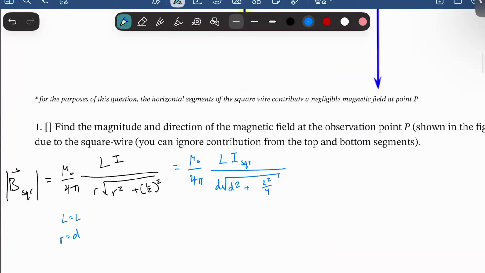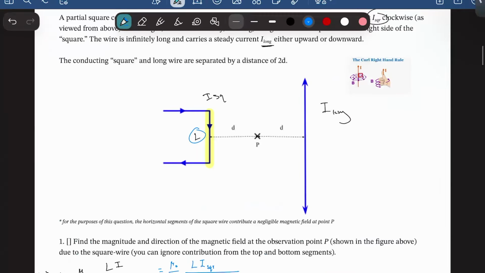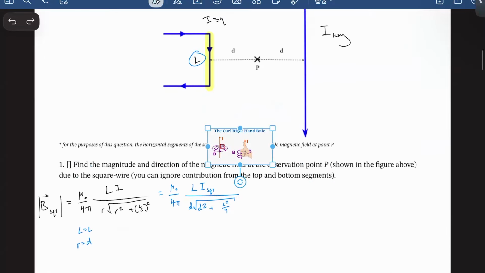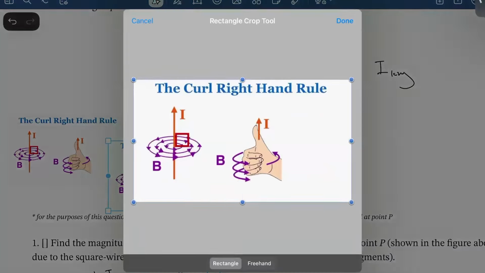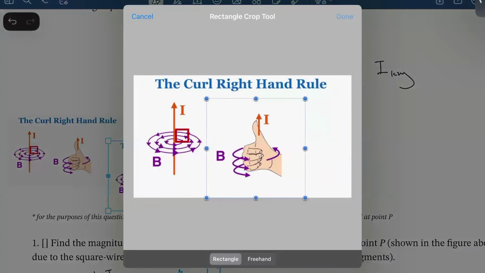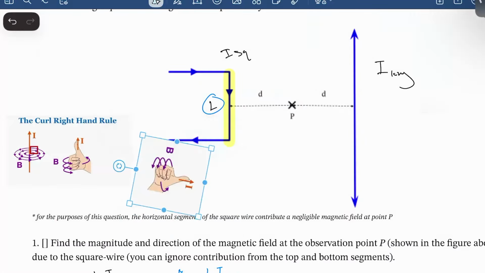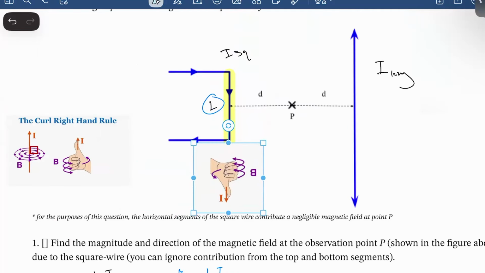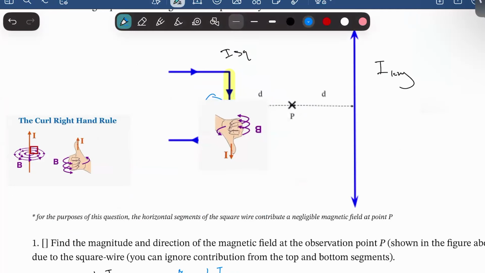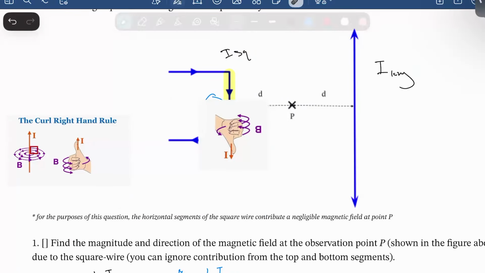So this is going to be the magnitude, but we also have to figure out the direction. The direction is going to be given by the right-hand rule. So if we refer to this picture here, if you were to use this right-hand rule, and you were to point your thumb in the direction of current, so if the current flows like this, your thumb points with the direction of the current, then you see that when your fingers curl towards our observation location, P, it's going to be pointing out of the page.